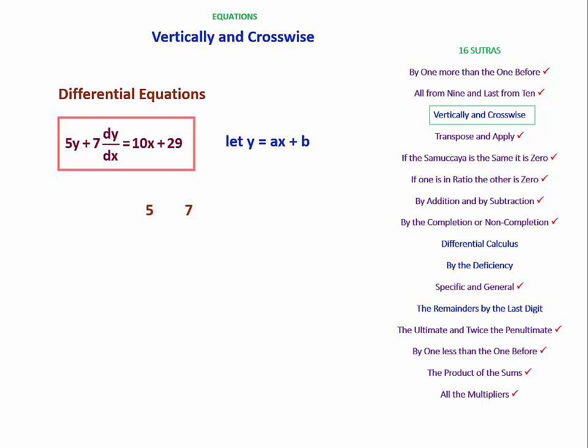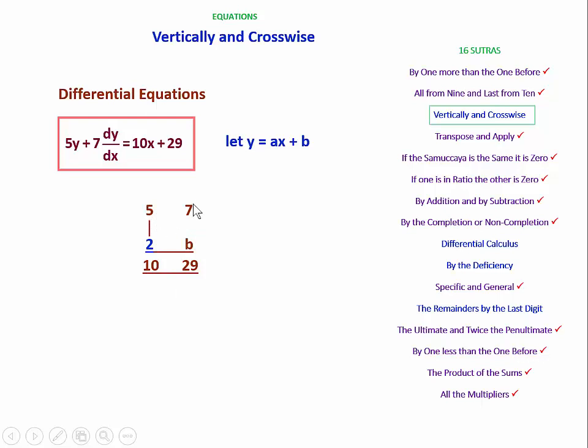And we begin by taking the coefficients here, 5 and 7. The coefficients of a and b go next, and then the 10, 29 are the coefficients on the right. And we simply apply the vertically and crosswise sutra. So we say the vertical product here has to come to 10, so that tells us that a is 2.